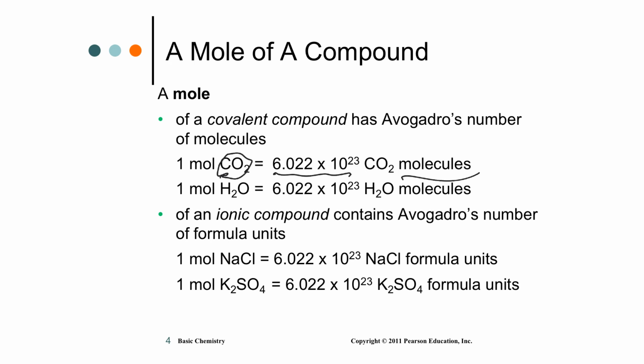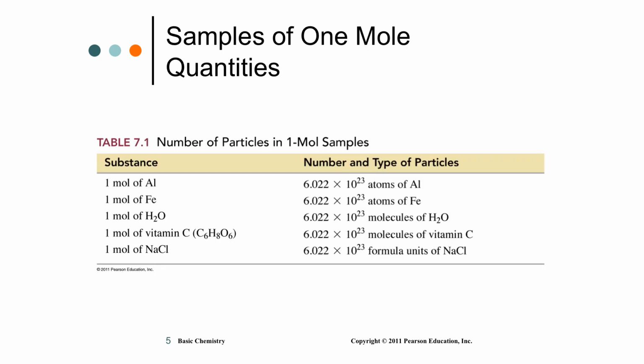Okay? If you have 1 mole of sodium chloride, you've got 6.02 times 10 to the 23rd formula units. That's the NaCl. If you have 1 mole of potassium sulfate, you have 6.022 times 10 to the 23rd formula units of potassium sulfate. Okay, pretty straightforward.